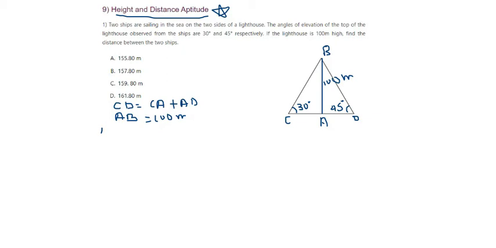And if you look at the diagram here, angle ACB is nothing but your AB by AC, which is equal to tan 30.